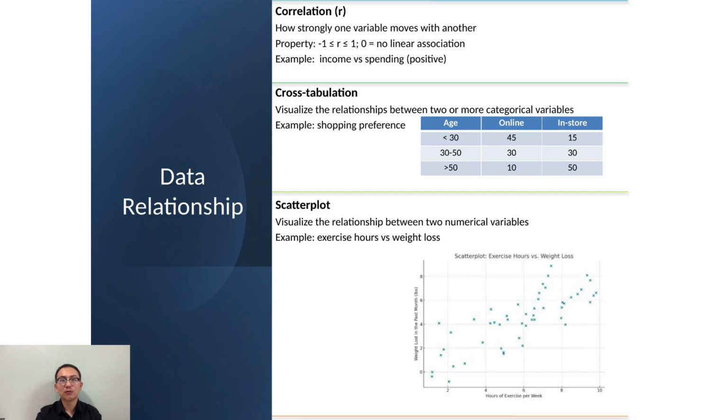One of the key things we look for in EDA is how variables relate to each other. We may use either numerical statistics or visualizations. We often start with correlation, which tells us how two numeric variables move together. A correlation value ranges from -1 to 1.